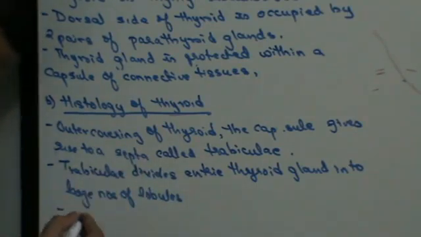Right? Each lobule consists of a number of follicles. I've shown you this in the case of the thyroid.